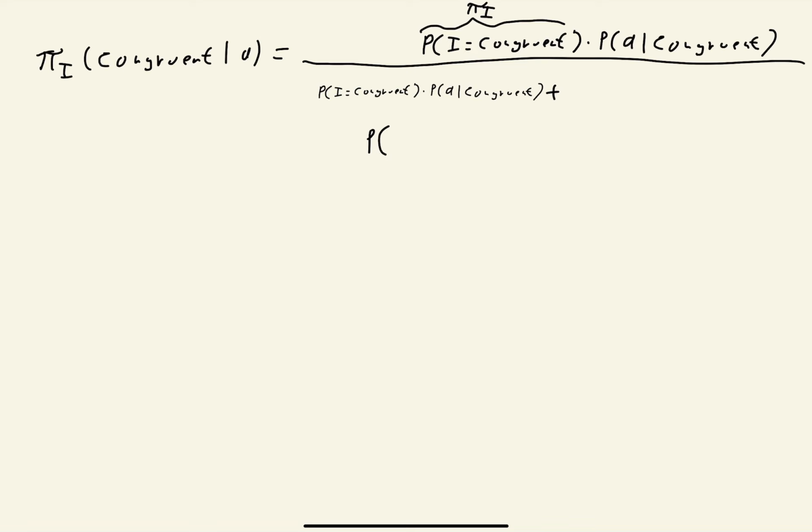How many possibilities do we have that policy A is chosen by the incumbent in the first period? The first one is that the incumbent is of congruent type and that he chooses policy A given he is congruent. Then the next one is that he is of a dissonant type, so I equal to dissonant, times the probability that he chooses A given that he is dissonant.